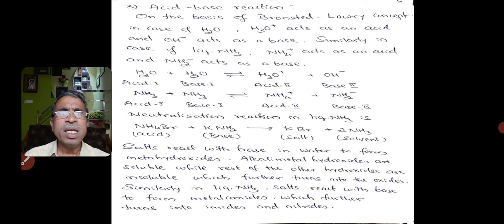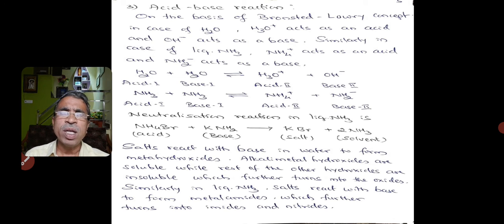Similarly, in liquid ammonia, the H is replaced by NH4. So NH4Br, ammonium bromide, is an acid in liquid ammonia, whereas ammonium bromide is a salt in water.